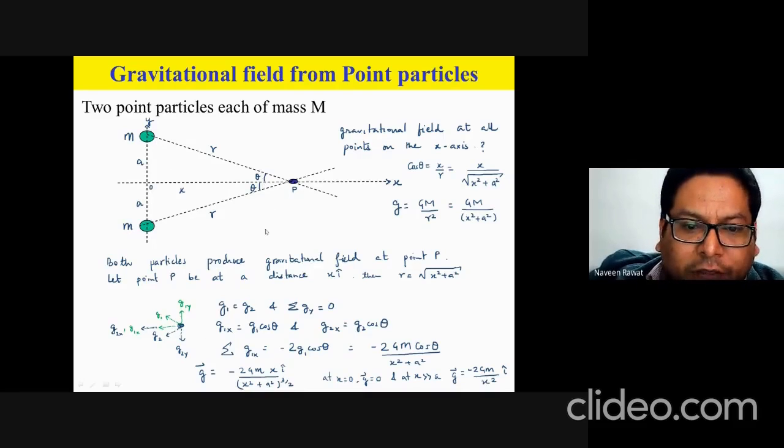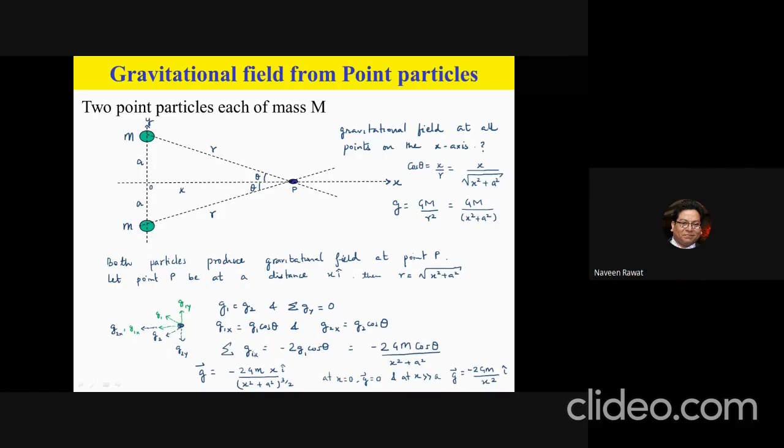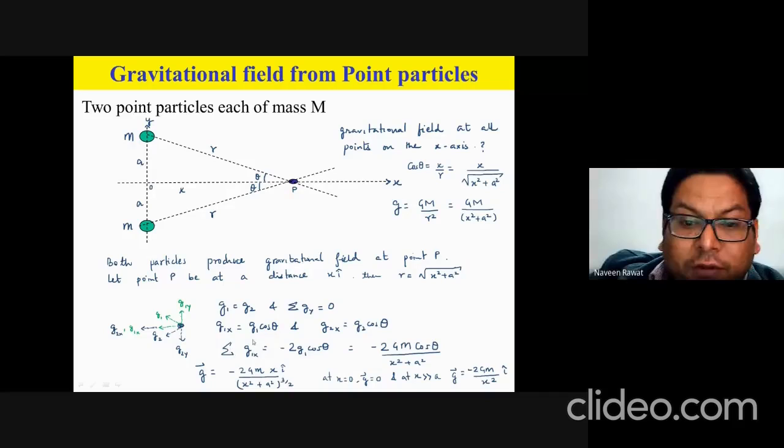And just by geometry, you know that the component will be G1 times cos theta, so the sum of the gravitational field that is created by these point particles is 2 G1 cos theta.